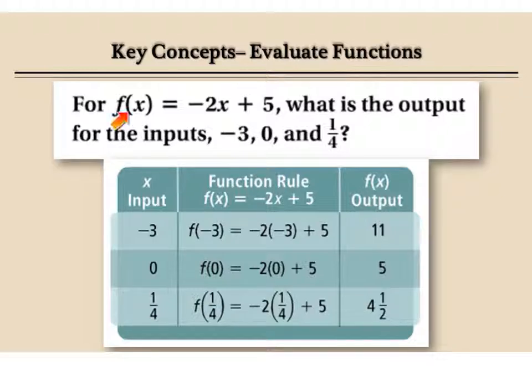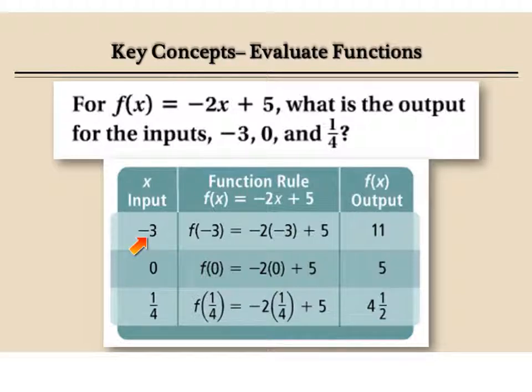So how did we work these? Well, here we have a function of x, and it equals negative 2x plus 5. They want to know what is the output for the inputs, that means the x values, of negative 3, 0, and 1/4. So all you do is replace x with negative 3 and solve it, replace x with 0 and solve it, and replace x with 1/4 and solve it.